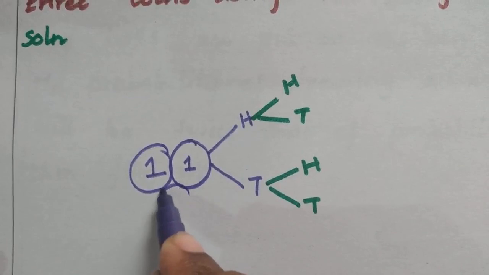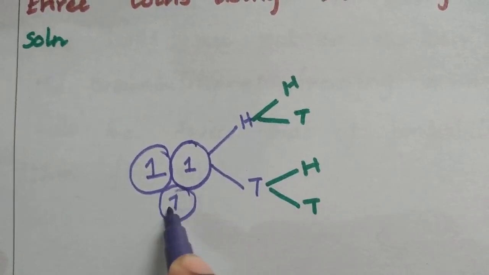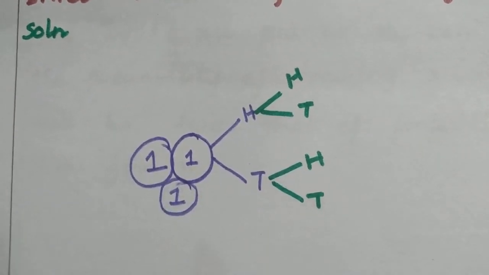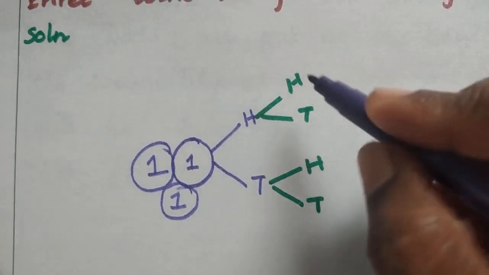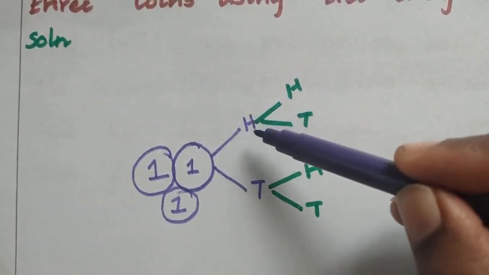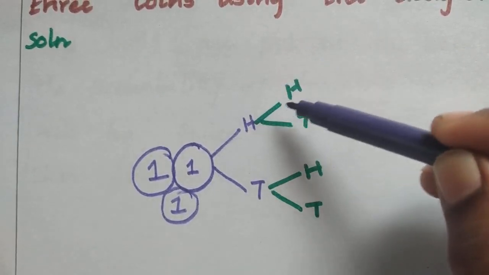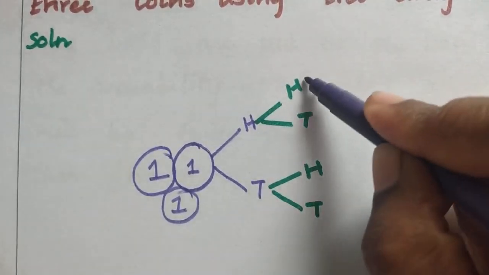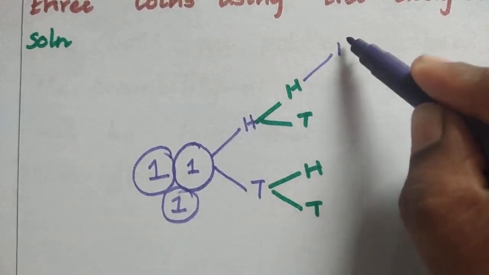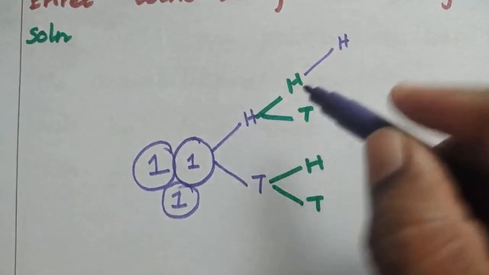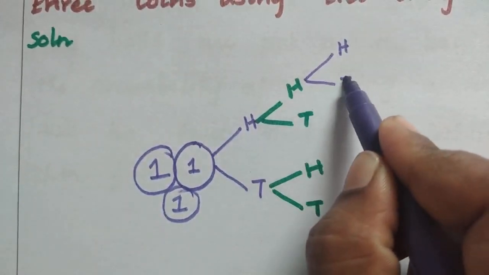When you toss 3 coins, if there is a head in the first coin and there is a head in the second coin also, then in the third coin, either you can get head or tail.